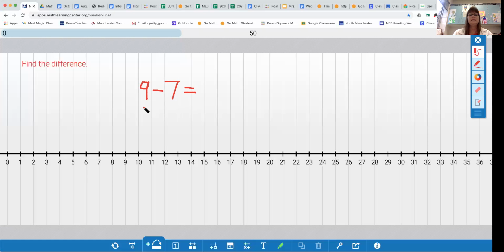So I'm going to say 7 plus something equals 9. Do you already have it? All right, let's see. 7 and one more would be 8 and another one would be 9. Yes, 7 and 2 equals 9. So I'm going to say 9 take away 7 equals 2.